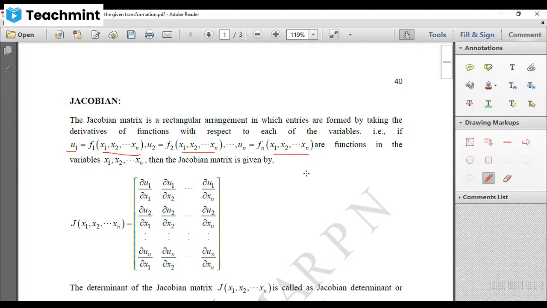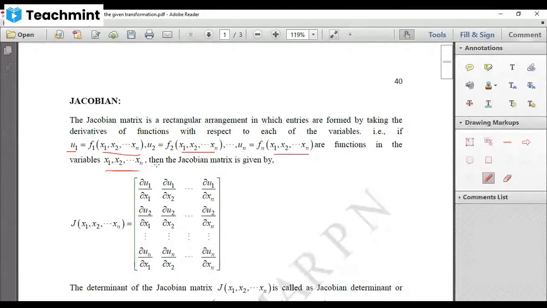Then how do we write the Jacobian matrix? Remember, u1, u2, etc. up to un are all dependent on the variables x1, x2, etc. up to xn. That means x1, x2, etc. up to xn are independent variables.